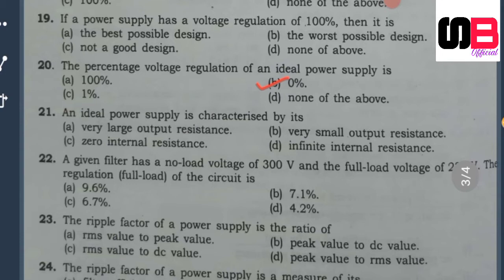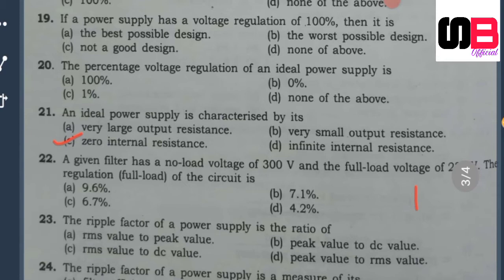Okay, now the next one: an ideal power supply is characterized by very large output resistance, very small output resistance, zero internal resistance, or infinite internal resistance? The answer is zero internal resistance, option C. The next one: a given filter has a no load voltage of 300 volt and a full load voltage of 280 volt.